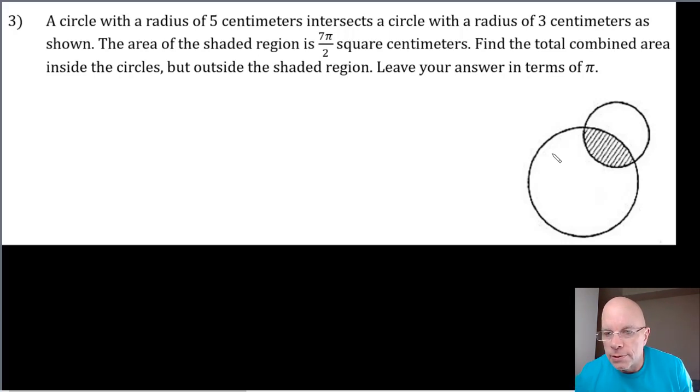I'm going to call this larger circle L for large and the smaller circle S for small. And the larger circle has a radius of 5 centimeters, so I'll attempt to approximate the location of the center and then draw this line segment to show the radius.